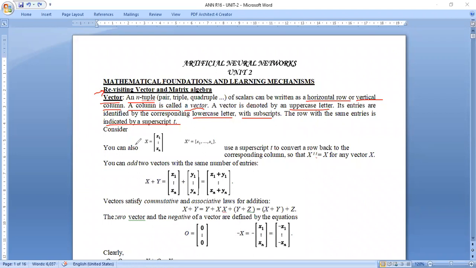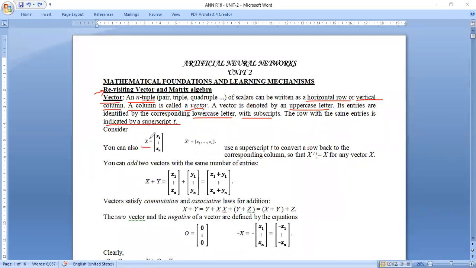Going back to the definition of the vector, for example, here you have X equal to capital X. Here, capital X is the vector name. This has the data x1, x2, x3 up to xn.